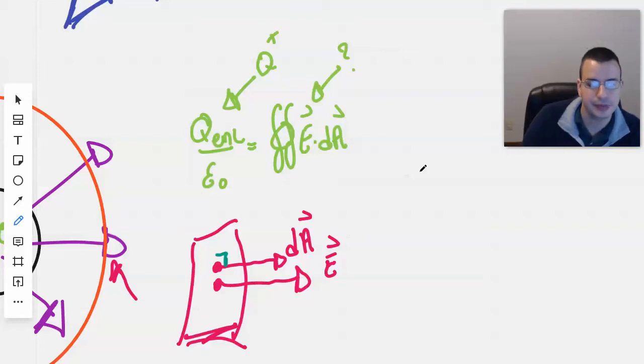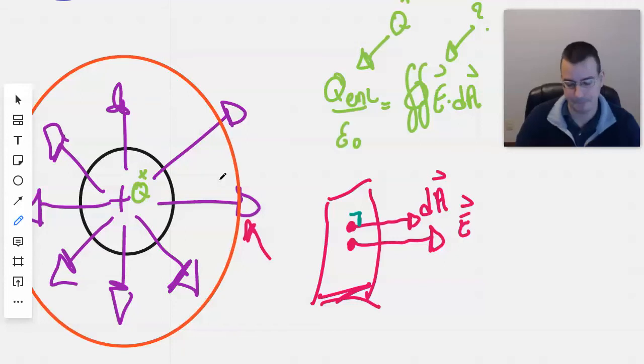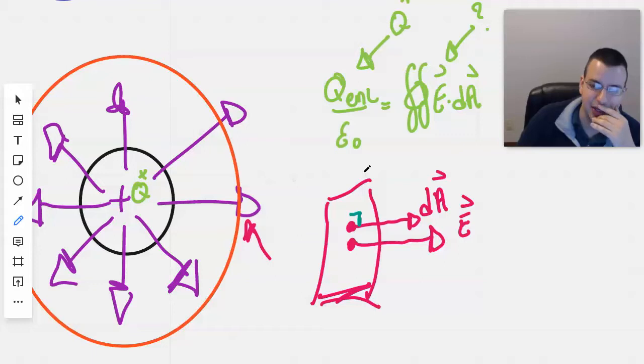Looking at our equation, the electric field at every point will be the same because the electric field will be going outwards and it'll be at the same radius for all of them. One way you can look at electric field is when you draw electric field lines, the density of the arrows represents the magnitude of the electric field.